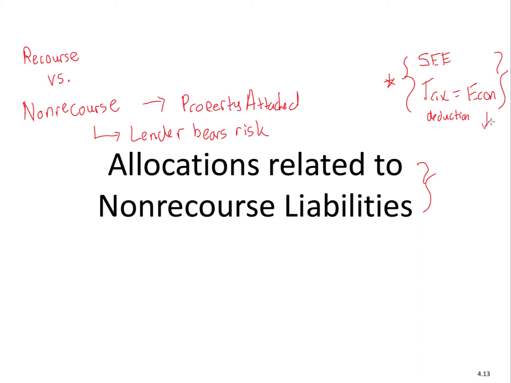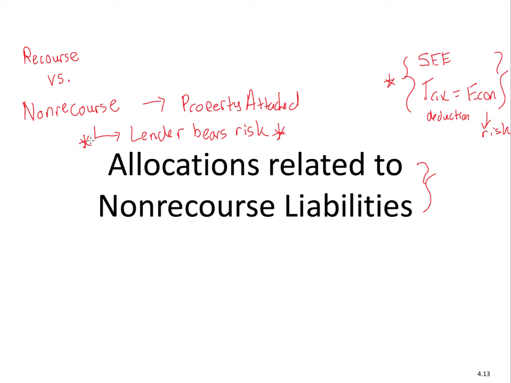So we can think of that like risk, the economic burden, the risk of that item. Well, in a non-recourse liability, the lender bears the risk. As we saw in our example, where the value of the property went down to $800,000, and the borrower just decided to default because they're not going to pay back $1 million for a property worth $800,000. So now the lender is the one that bears the risk.